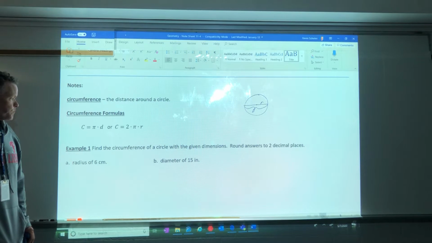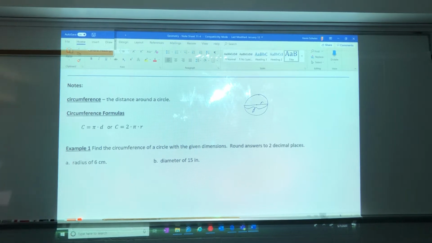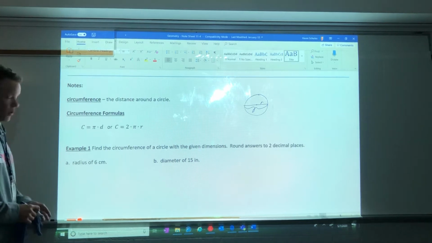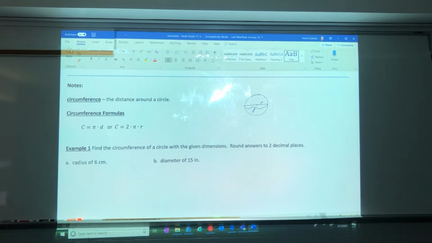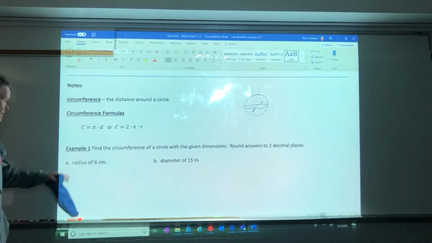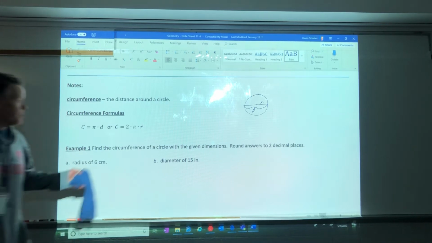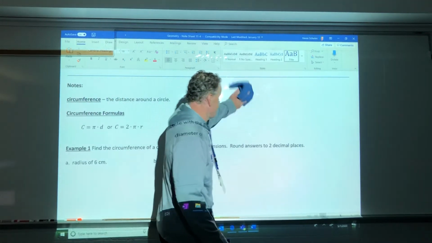Okay, first thing we're going to do is try and find the circumference, because that's going to be a big part of what we're doing when we're trying to find arc length. A lot of times we first have to find the circumference. So if we look at the first one, and we have a radius of 6 centimeters, I'm going to raise this up a little bit.